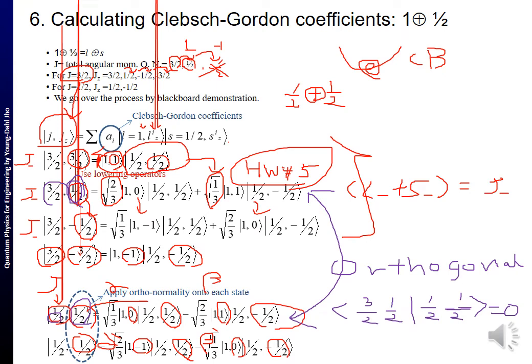Likewise, there's minus 1/2 here and you have minus 1/2 here. Then applying the orthogonality, you will again calculate alpha prime and beta prime. So please calculate it yourself, and this will be homework number 5.